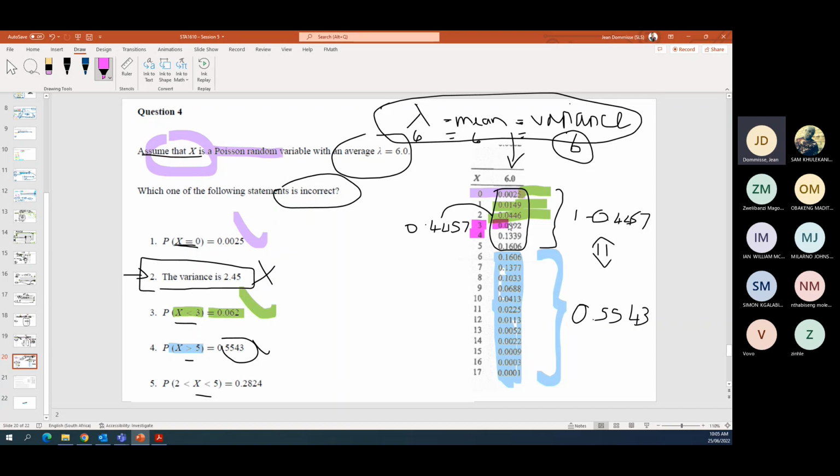So I'm looking at between 2 and 5, which is 3 and 4. So it is 0.0892 plus 0.1339.